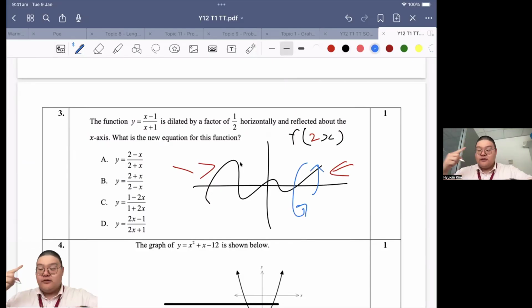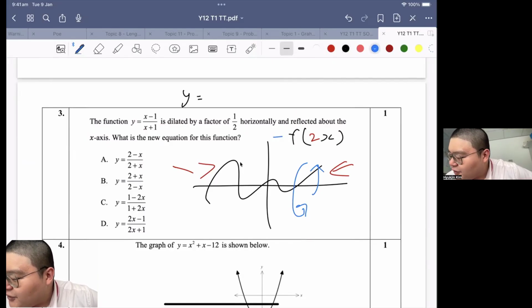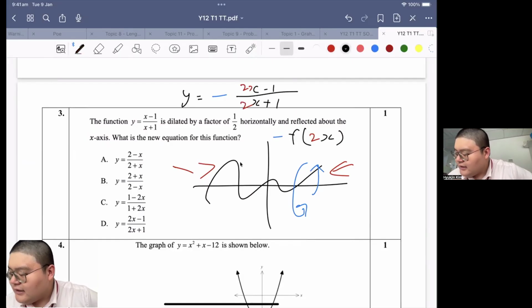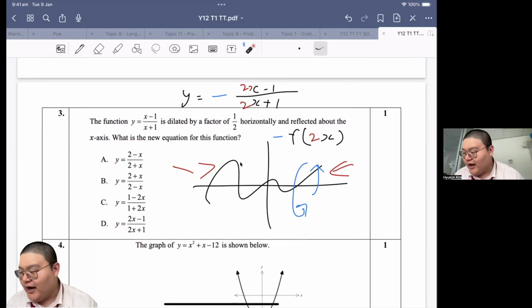It's a reflection. So now I need to put a negative into it. So all I need to do at this point is y equals 2, I put a negative in front, and then all of my x's just turn into 2x, and 2x plus 1. And then, oh no, none of these look alike. What do I need to do? I need to somehow find a way to get rid of the negative and put it in here.